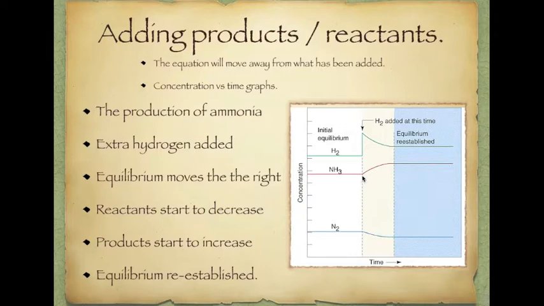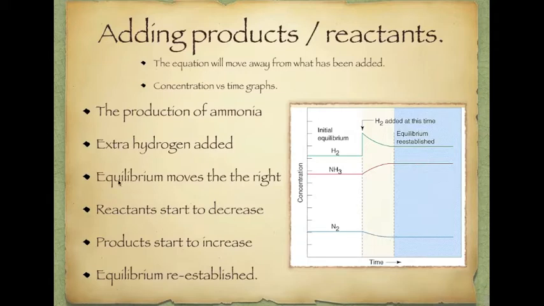Right at the outset, when we add the hydrogen, the concentration of ammonia doesn't change, but it gradually increases as the reaction moves forward and re-establishes equilibrium. And because we didn't add any nitrogen, but it's one of our reactants, it slowly decreases.